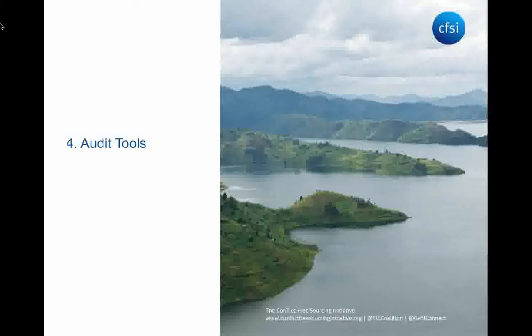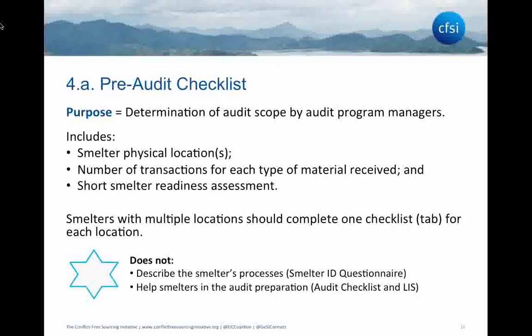To shed a little bit more light on how this should all be presented, let's have a quick look at the revised audit tools. There are currently 3 audit tools at the disposal of the auditors. The first one is the Pre-Audit Checklist, which should primarily be used to determine the audit scope, and as such is a tool intended for audit program managers.